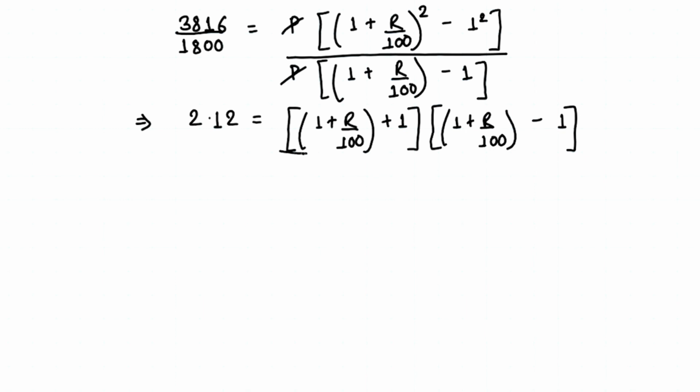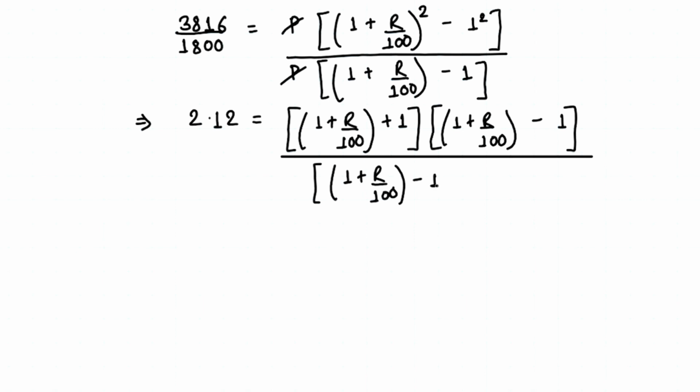Again, bracket close, divided by, over here in our denominator, we have bracket 1 plus R divided by 100, bracket close, minus 1. Now again, we can cut this entire thing and this entire thing, okay, because they are same. And now what we have is 2.12 is equal to 1 plus R divided by 100 plus 1.